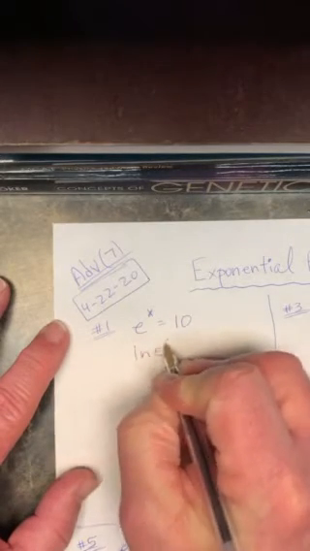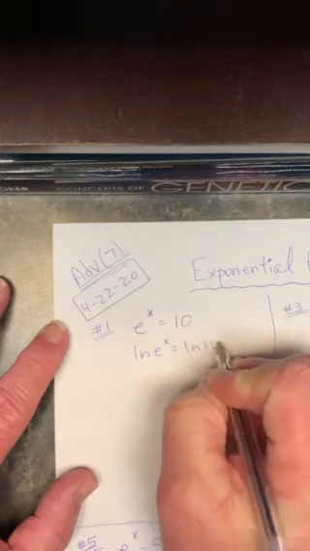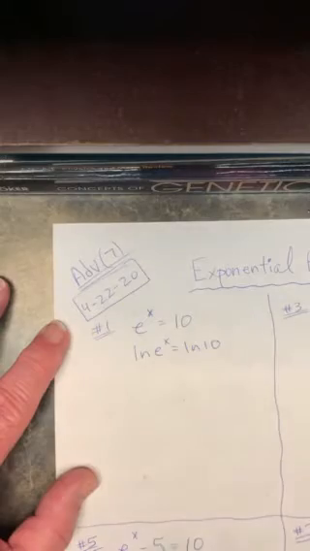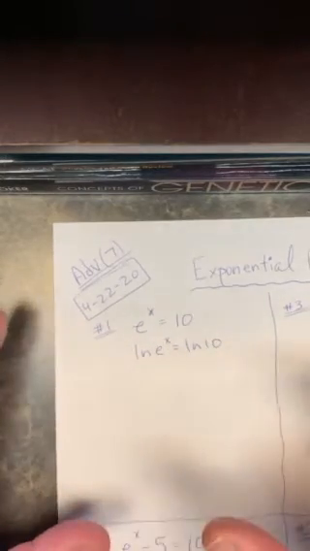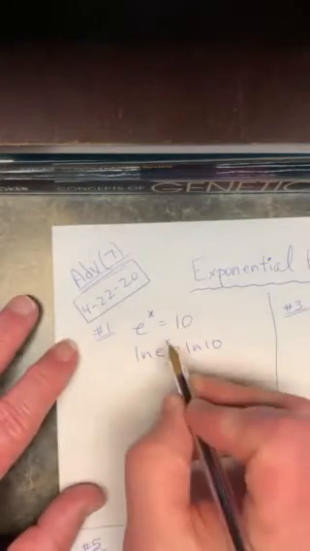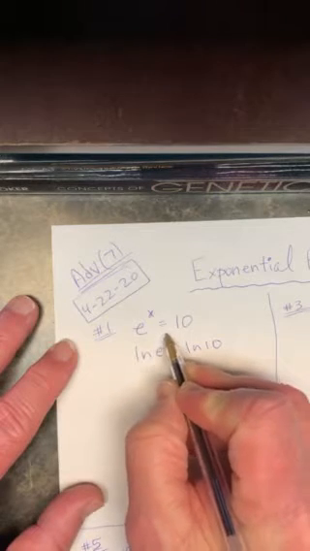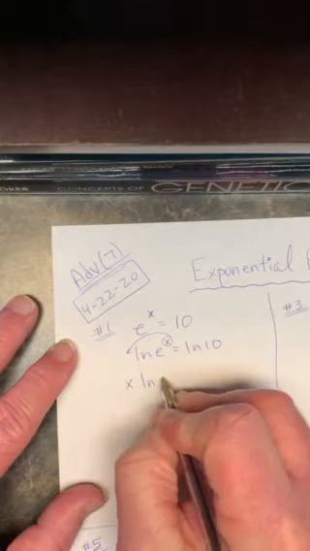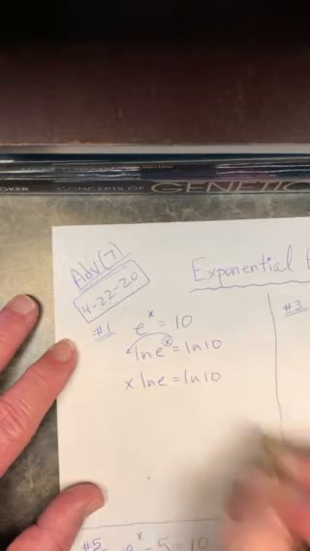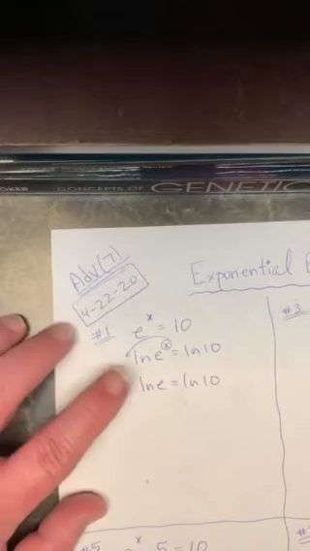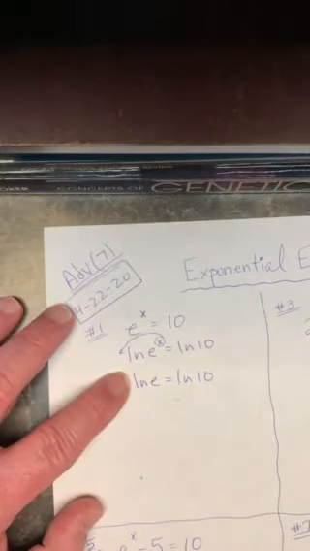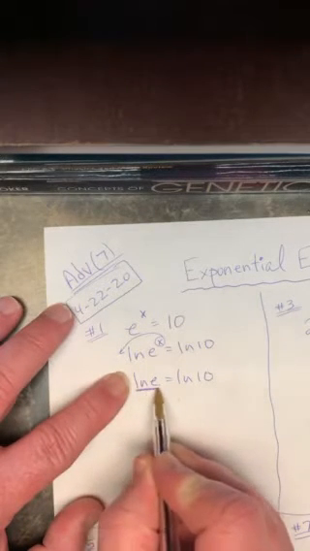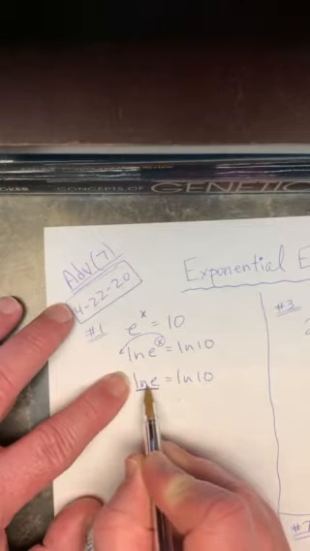ln of e to the x equals ln of 10. And now that I've natural logged both sides, remember our rules when we condensed and expanded logarithms? Take this exponent and move it out front. So I've got x ln e equals ln of 10. And then I'll point this important fact out. We're going to use it a ton today. If you ever see ln of e, remember it's really equal to what?